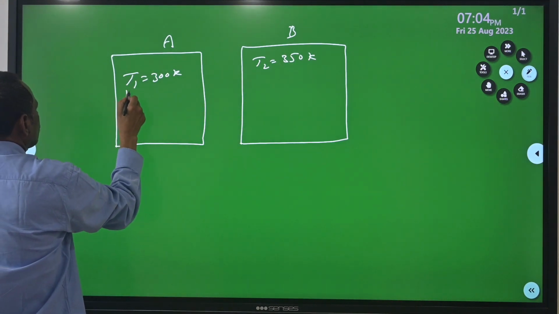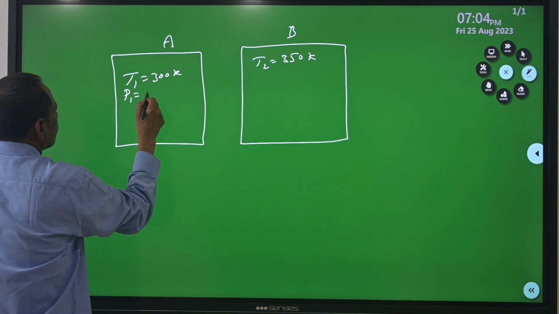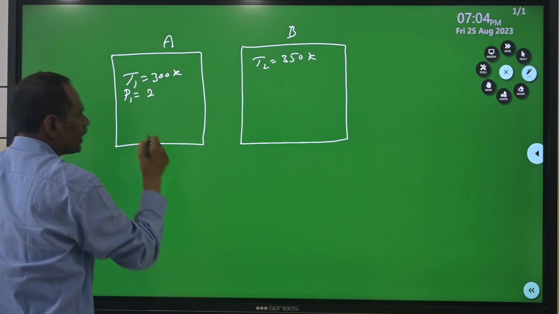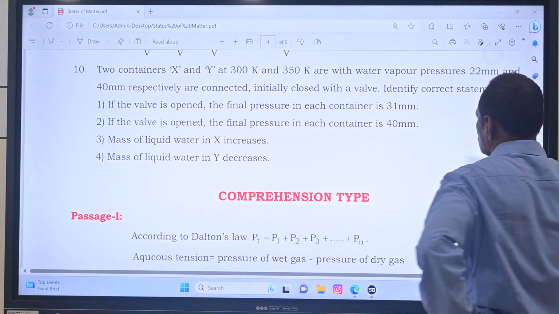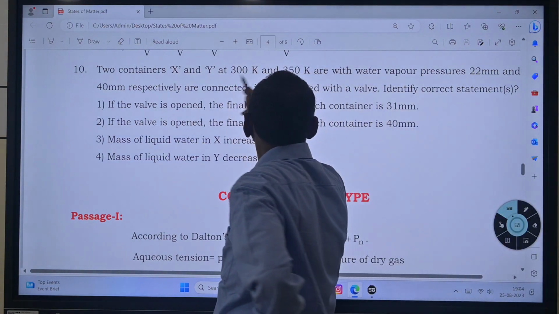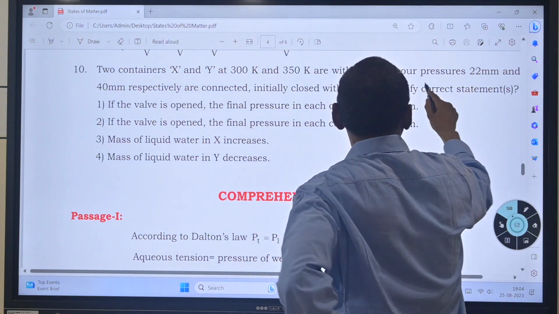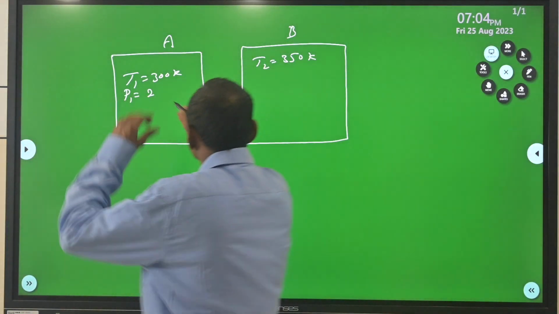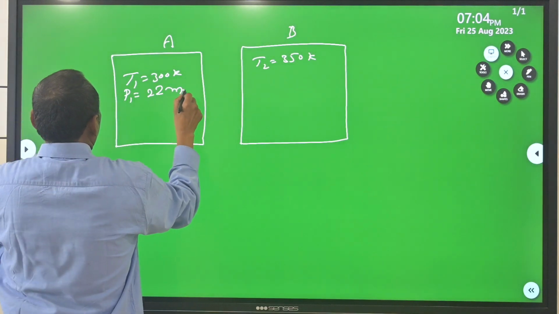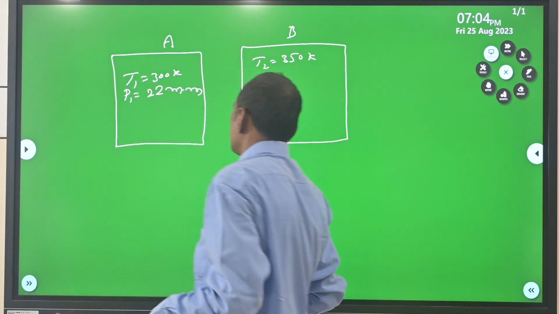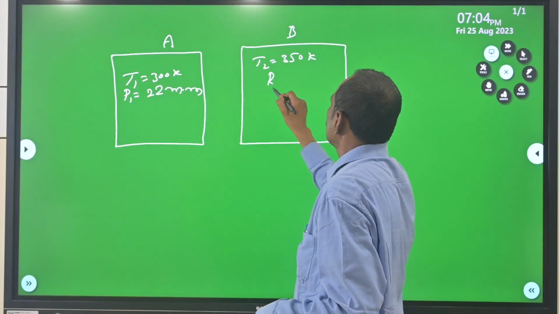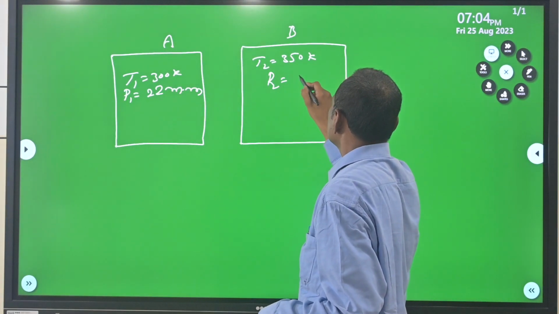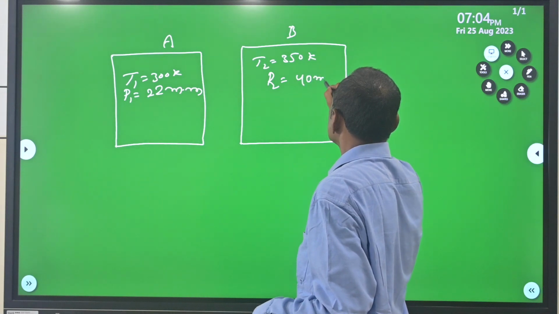In the first vessel, the vapor pressure is given as 22 millimeters and the second one is 40 millimeters.